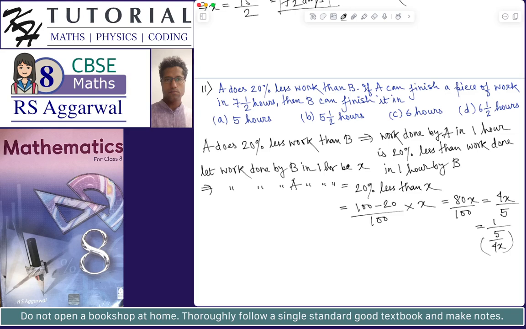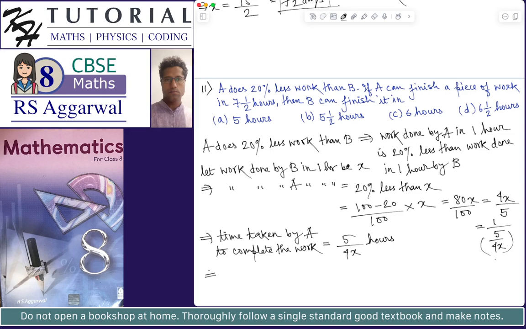So the time taken by A to complete the work will be equal to 5 by 4X hours. Using the second general rule of time and work, the whole work will be done by A in 5 by 4X hours.